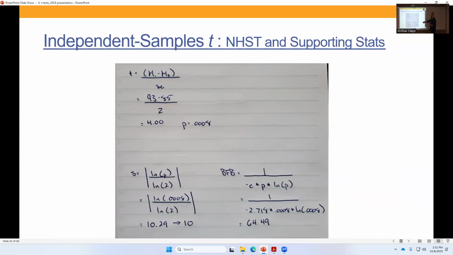Here's my Bayes factor, about 64.5. Just going through and calculating these, okay? These will start to become more difficult to calculate, particularly in SPSS. If you got p equals 0.000 or p less than 0.001, and you double click on that, it's a decimal like this. This is where those Excel calculators become critical, because you just cut, paste, and drop it in there for the proper value.